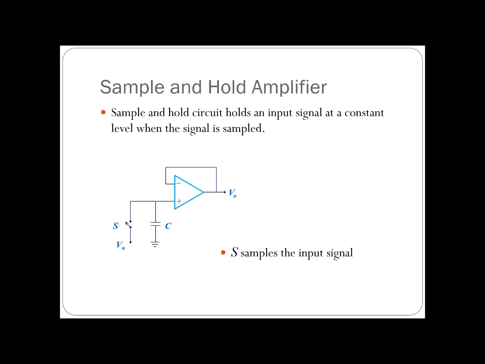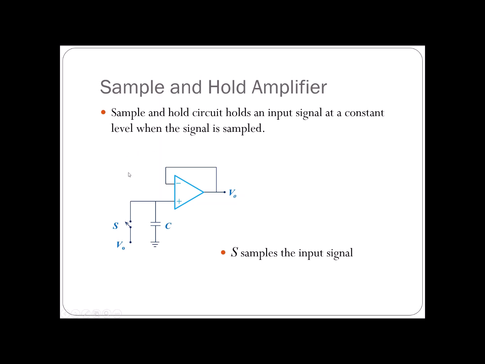If you look at this circuit diagram, basically the op-amp part here is just a simple voltage follower circuit. Okay, where V naught here is the signal that we are going to record and digitalize. S here represents the switch to regulate the sampling interval.